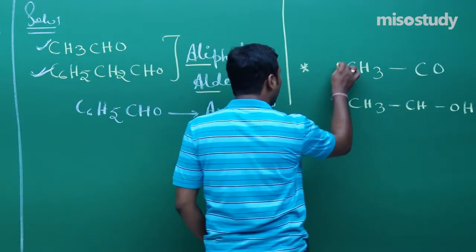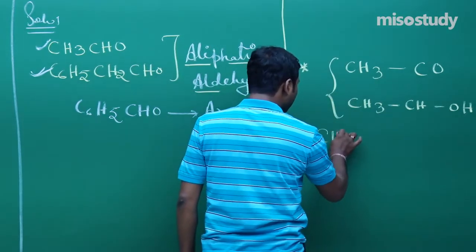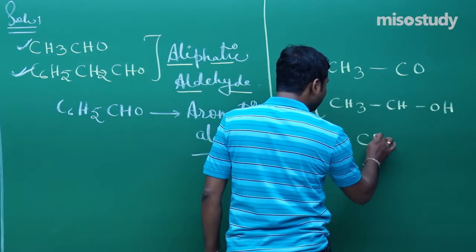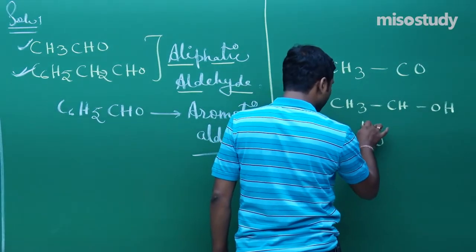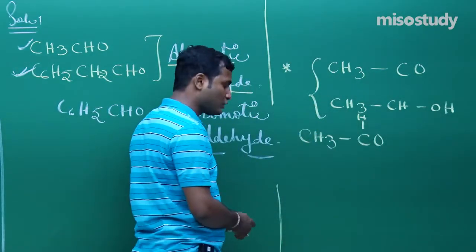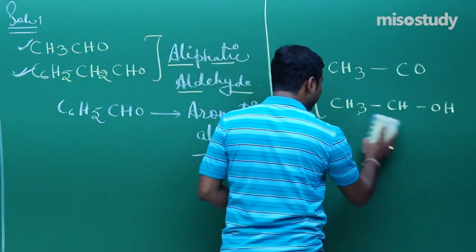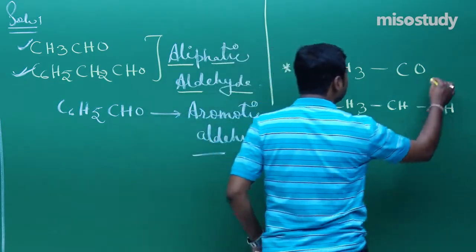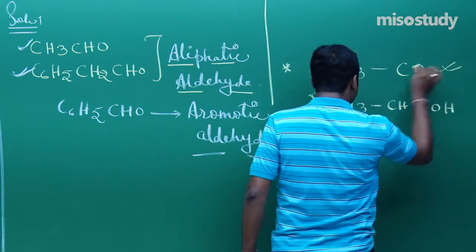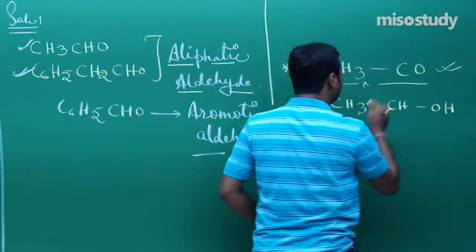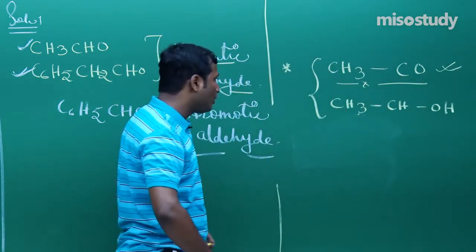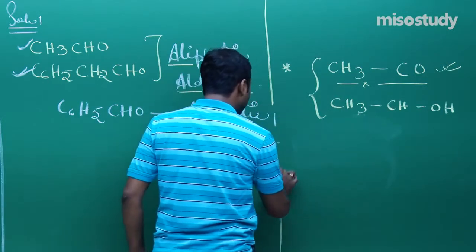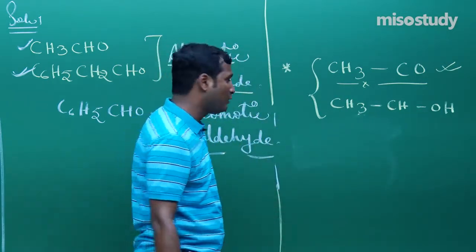Now in this case, what we observe is that in CH3CHO there is a CH3CO linkage. If there is a CH3CO linkage, then the carbonyl compound gives a positive iodoform test.